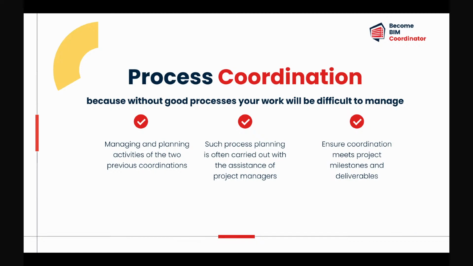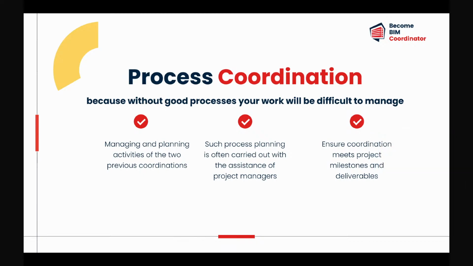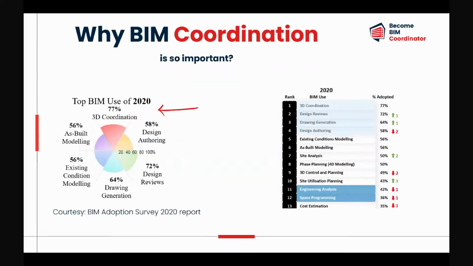Okay. And process coordination is more or less about planning how and when we are going to perform a coordination in the model. So these are the three main parts of BIM coordination.